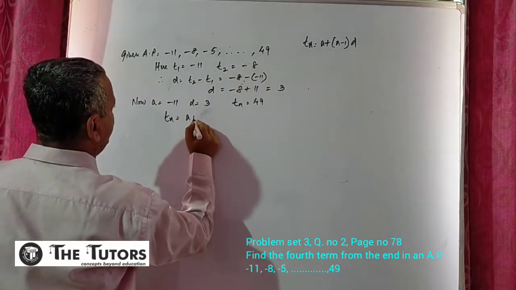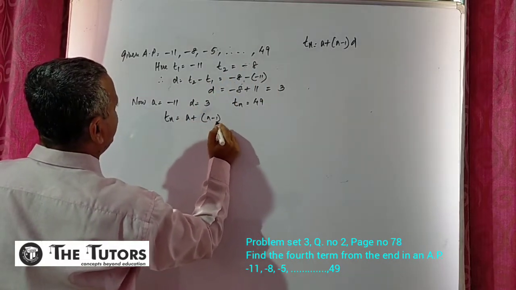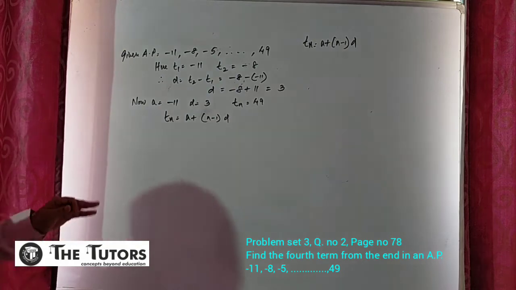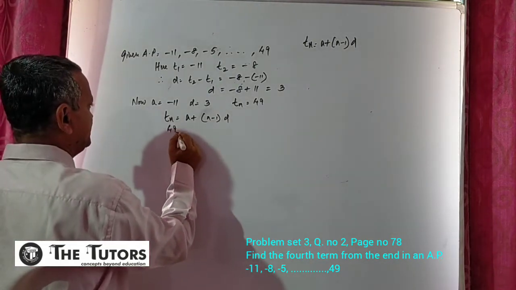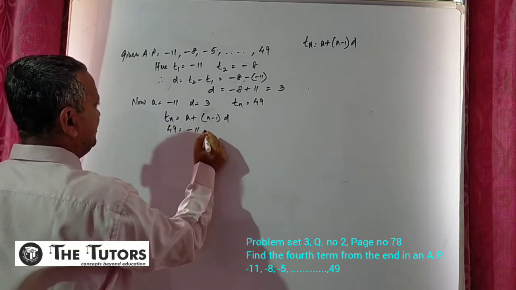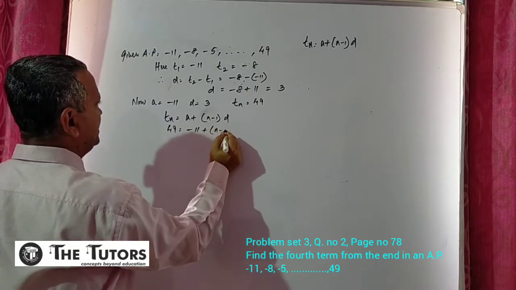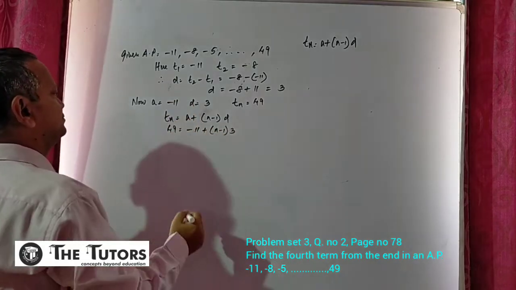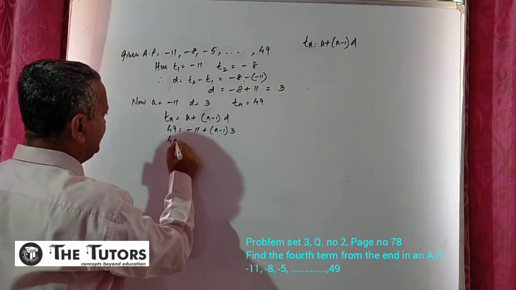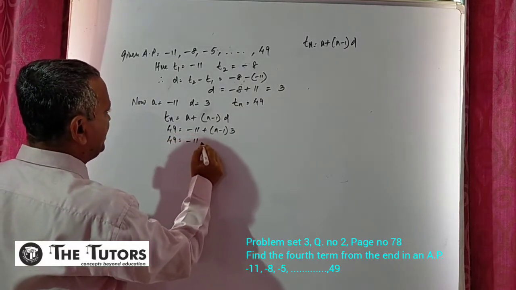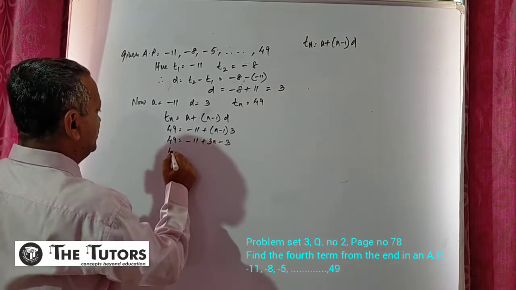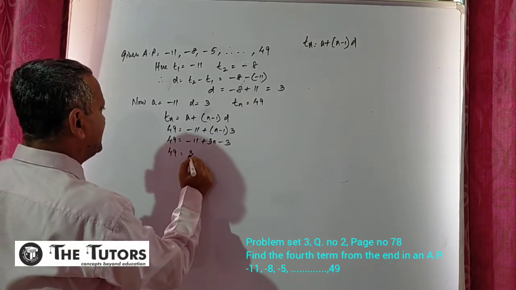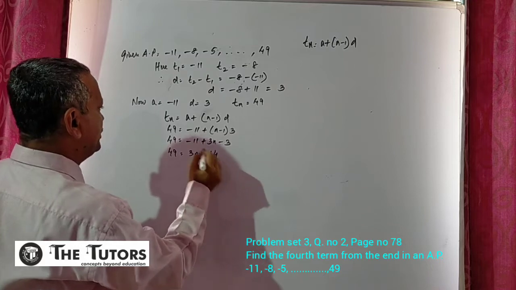Tn is equal to a plus (n minus 1) d. 49 is equal to minus 11 plus (n minus 1) 3. You have 49 is equal to minus 11 plus 3n minus 3. 49 is equal to 3n minus 14.